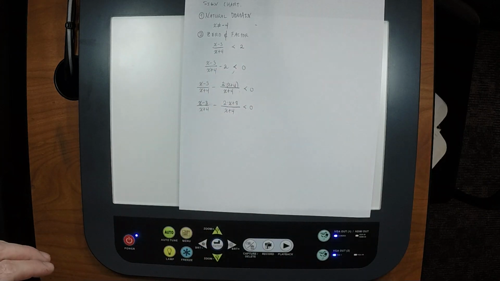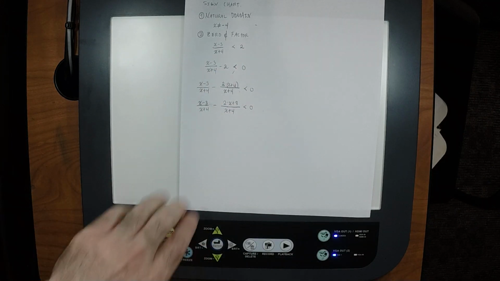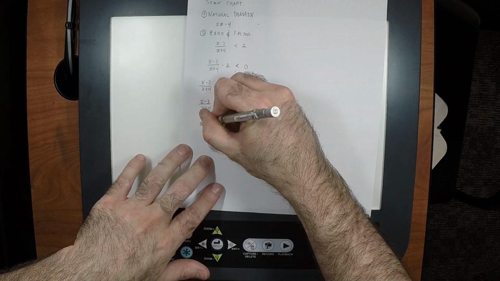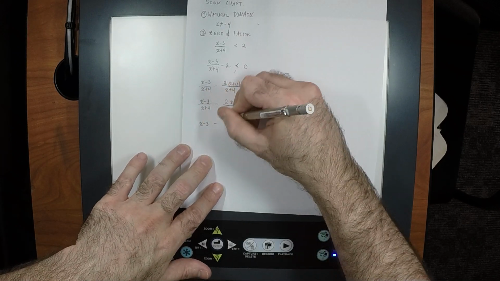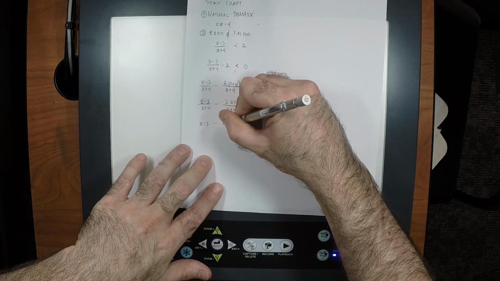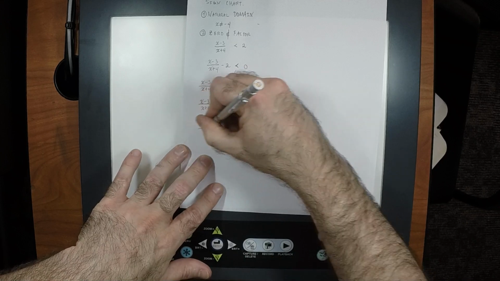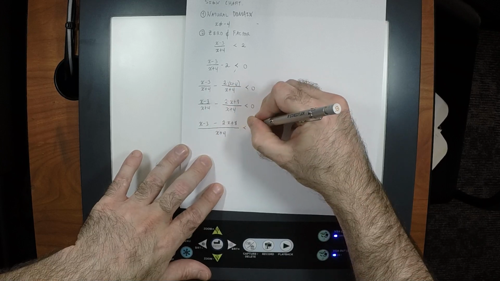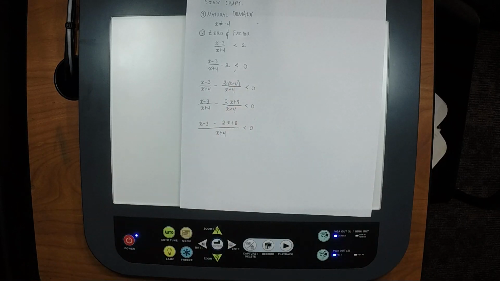All right. Okay, so now we want to perform the subtraction. So now I'm going to make a mistake. So x minus 3 subtract 2x plus 8 over x plus 4 less than 0. So what mistake did I make?